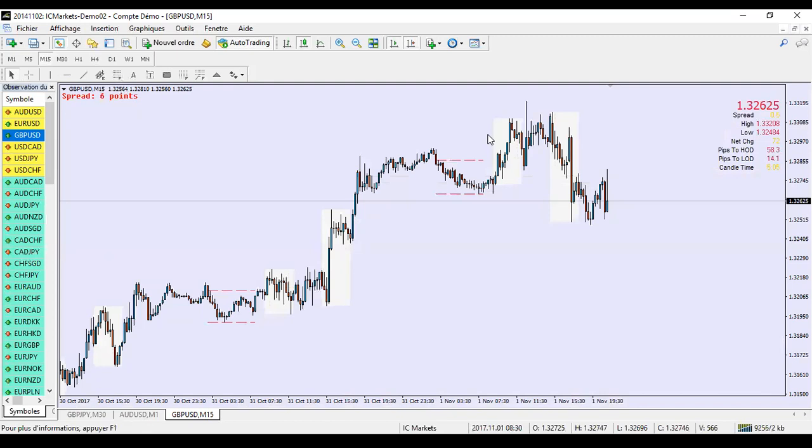Mm-hmm. So how it works is there is something called the black pool. So what is the black pool? On your brokers, they get the price before you. It's delayed. Even if it's half a second, it's delayed. You never get the last price at the exact same time.